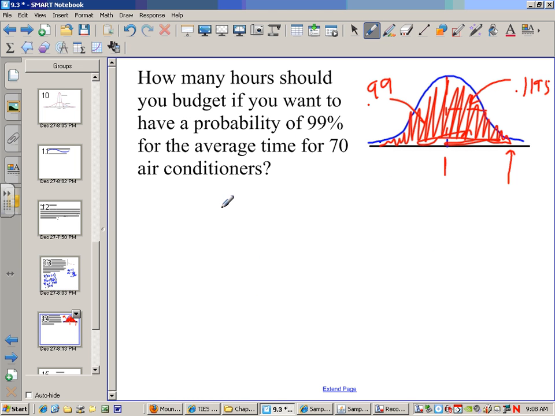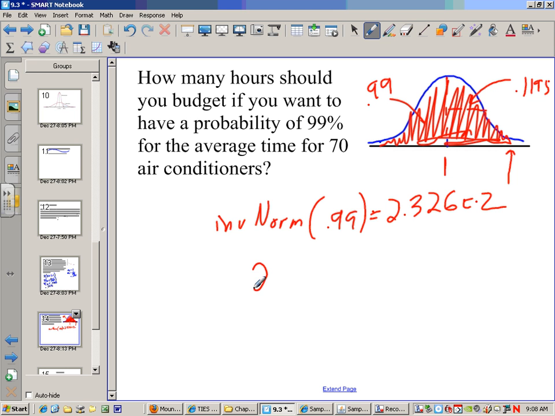So what we'd want to do to find this is do the inverse norm. Now the inverse norm of 0.99 is 2.326. Now I'm going to show you two different ways to solve this. One way is this gives us your z-score.